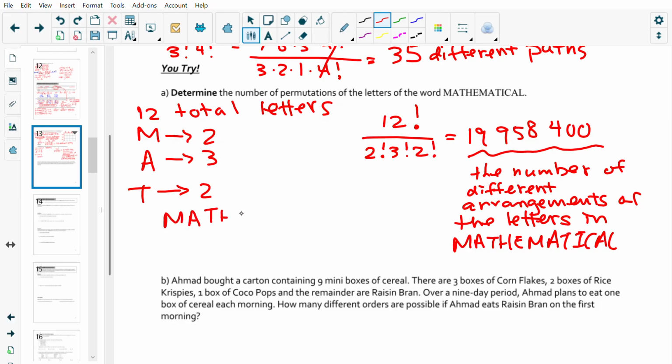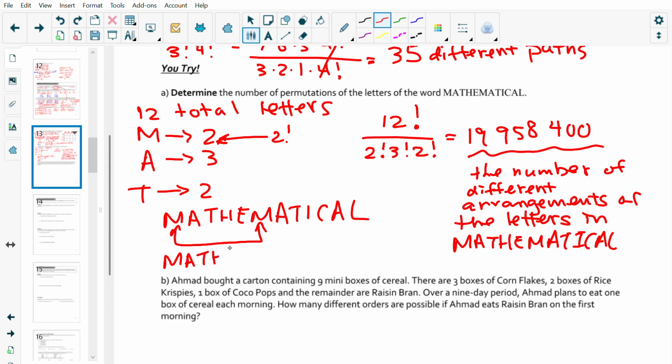So if I have mathematical here, the reason we divide out, let's just take an example, the letter M, there's two of them, right? They're the same letter. So if I swap the position of this M and this M, I still get the word mathematical.